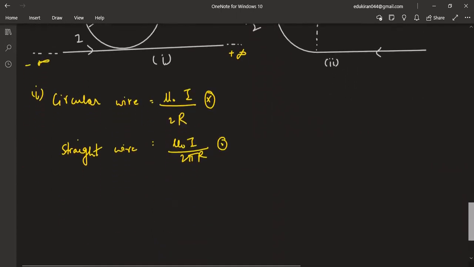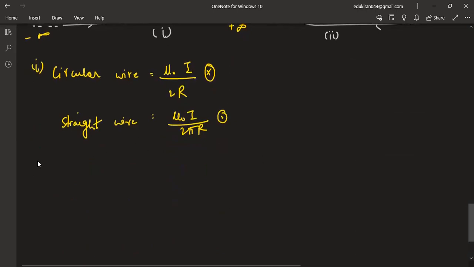Now what is the net magnetic field? Net magnetic field will be B circular plus B straight wire, that is mu naught I by 2r. If this is outwards and this is inwards, one has to be positive and the other negative. That is the sign convention which you choose.